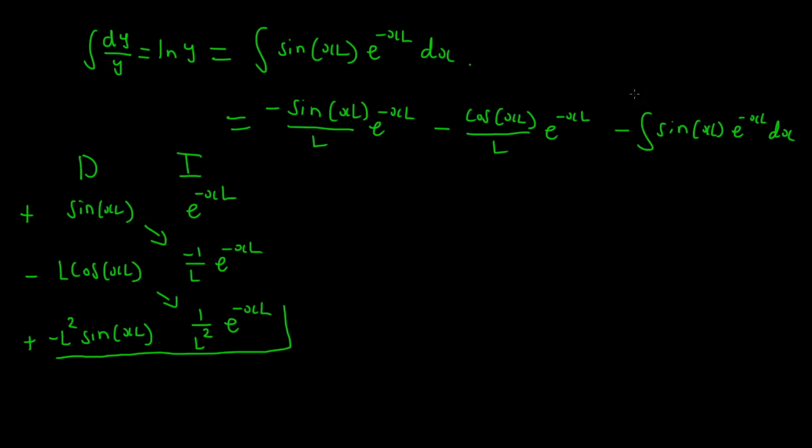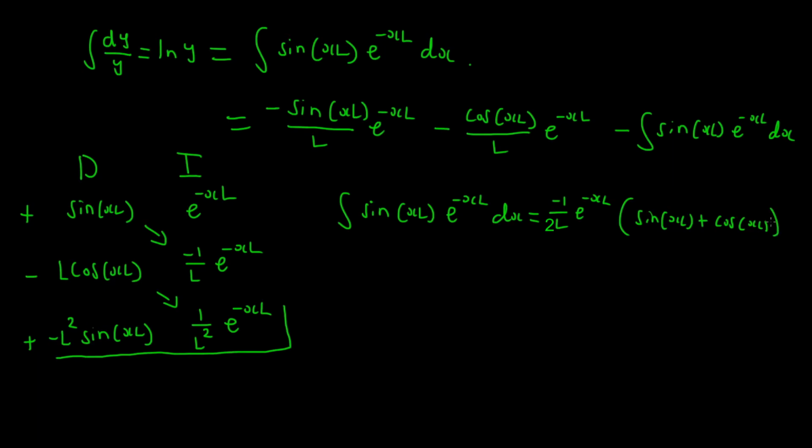Now if we add this to the left hand side, so this term up here, we'll get two of them, so if we divide by 2, we'll have this integral equals 1/2 this stuff. So it's minus 1 over L e to the negative xL, sine of xL plus cosine of xL.